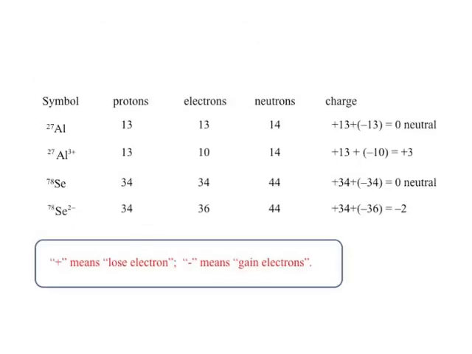So remember, the right-hand superscript, positive means losing electrons, and negative means gaining electrons. In the beginning, this is very hard to associate, positive with loss and negative with gain, because typically we think of positive as gain and negative as loss.